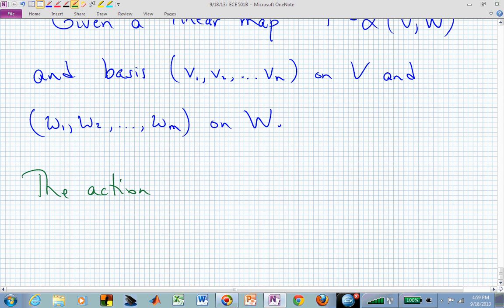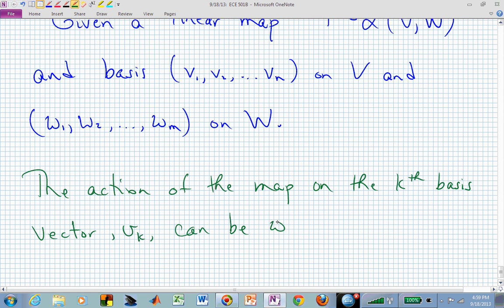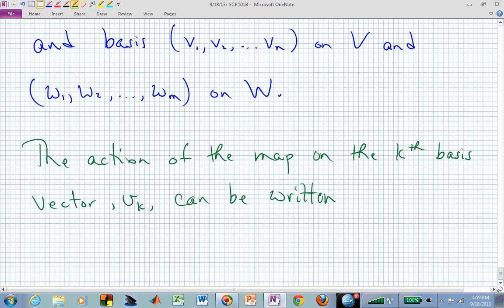The action of the linear map T on the kth basis vector V sub k is going to be written in terms of the basis vectors of our codomain.